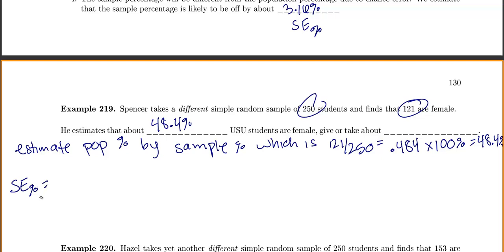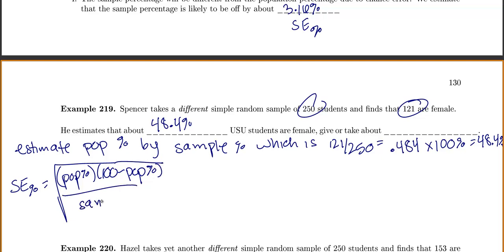So the standard error for the percentage, once again, is equal to your population percent times 100 minus your population percent, divided by the sample size. Now I'm going to do an approximate sign, not equals, because I don't know the population percentage, but I'm going to estimate it with my sample percentage, which was 48.4.